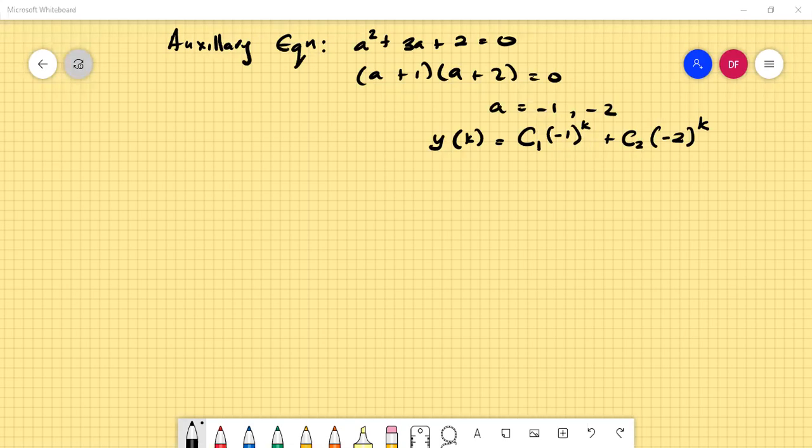Sir, you said the k was equivalent to the n? Yes, equivalent to the n. Let me pick out a proper Z transform table.